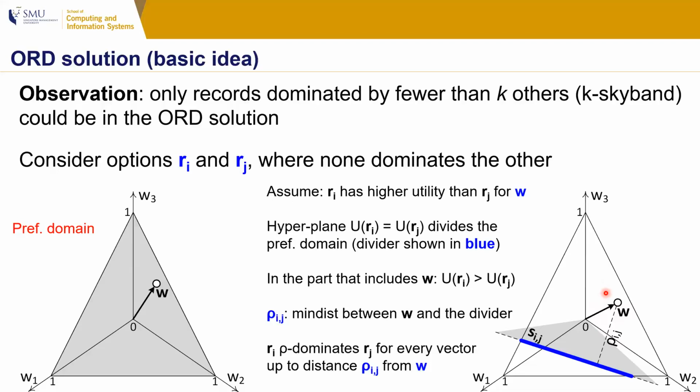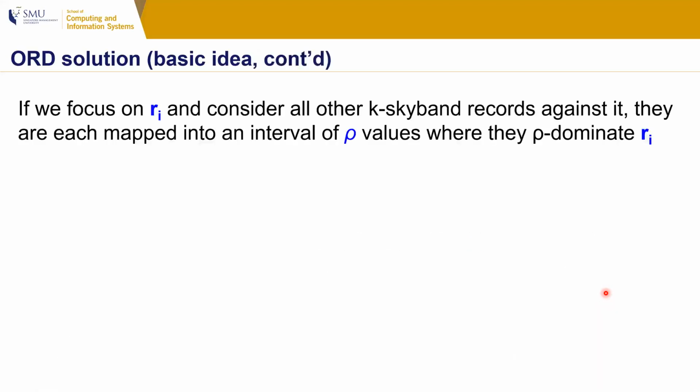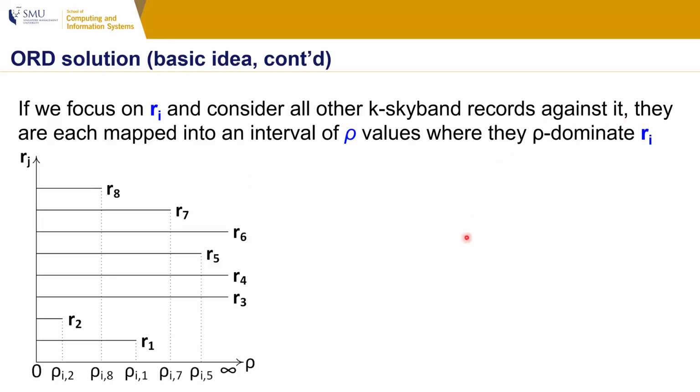So this way we have managed to formalize what happens with a pair of records when the one rho-dominates the other. If we focus on just one specific record and consider all the other candidate records, meaning all the other K-Skyband records, by finding these minimum distances that I explained in the previous slide, effectively we are mapping all the competitors of this record Ri into intervals where these competitors are rho-dominating it.